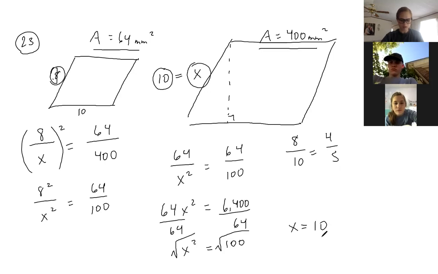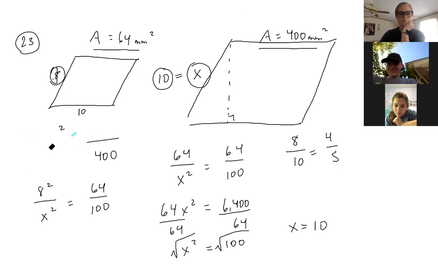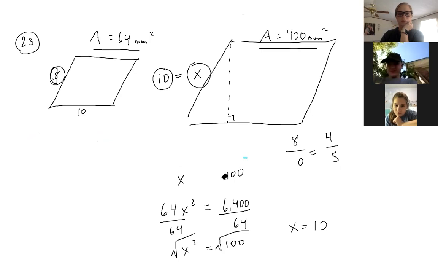Let's see here. What did I do wrong? Square root of 64. Oh. Stinkpotamus. I'm sorry. Stinky, stinky, stinky.